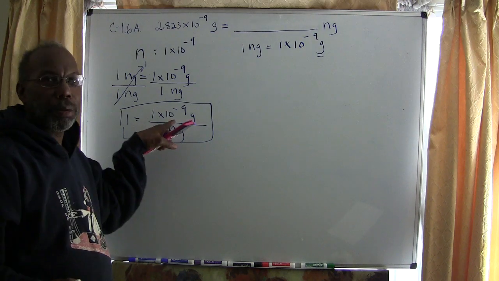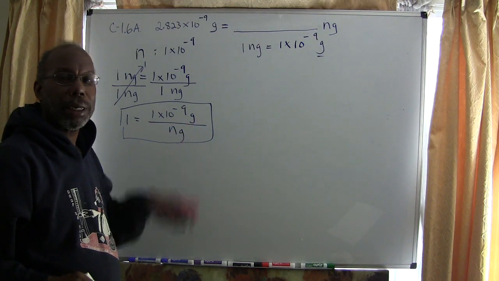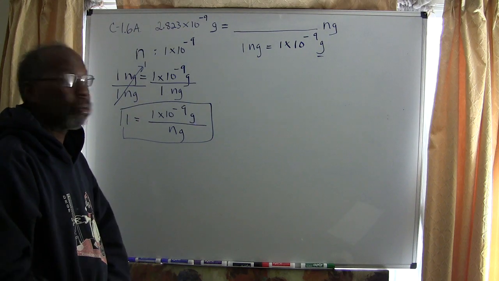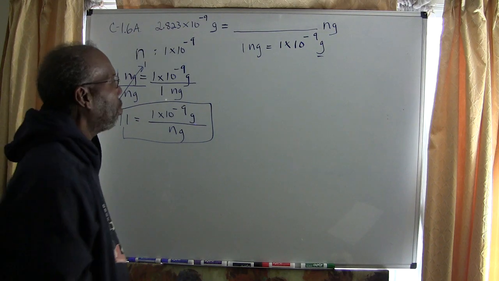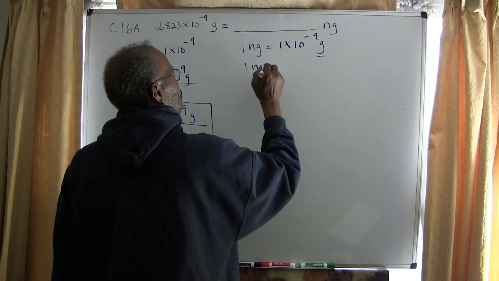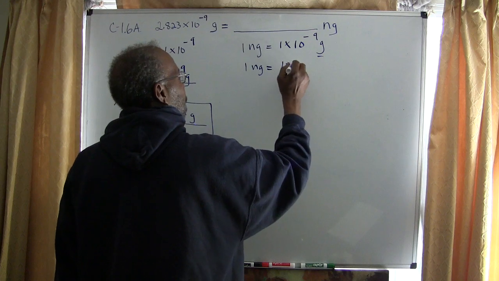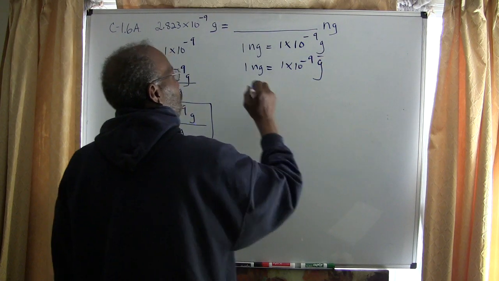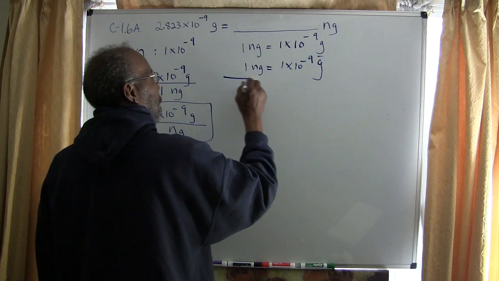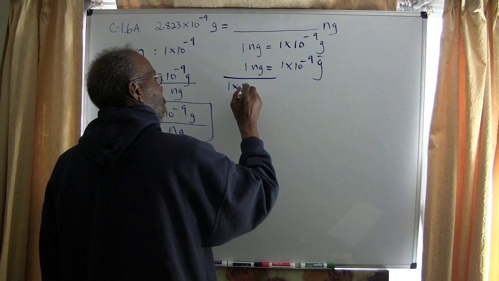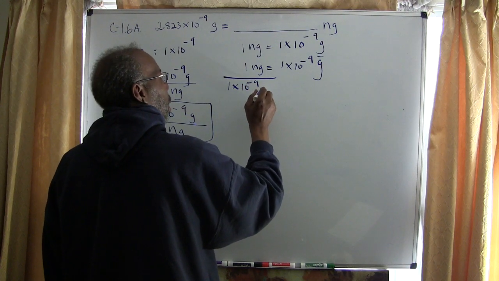Since we have the numerical part, I like to have the numerical part in the numerator, so I don't really have to do anything else with this one. I'm going to repeat: 1 nanogram is equal to 1 times 10 to the minus 9 grams. And this time I'm going to divide both sides by 1 times 10 to the minus 9 grams.